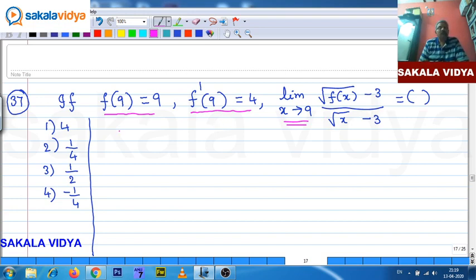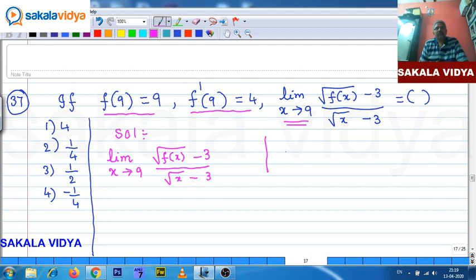Okay, now the solution. So limit x approaches to 9, root f of x minus 3 by root x minus 3.